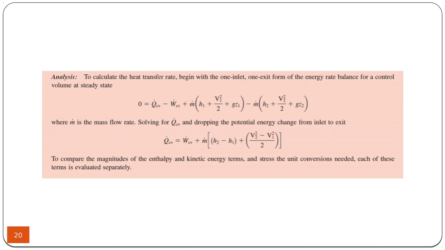We have the total energy of the stream, which consists of the enthalpy of the incoming steam, the kinetic energy of the incoming steam, plus the potential energy of the incoming steam, minus the total energy exiting the turbine, so that we can calculate the heat transfer between the turbine and the surroundings as work plus the net energy incoming to the system and exiting the system.